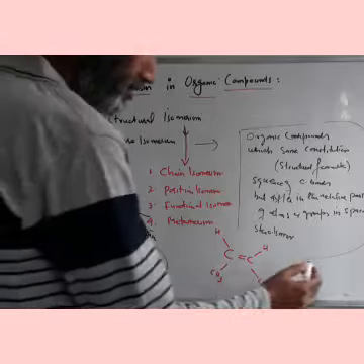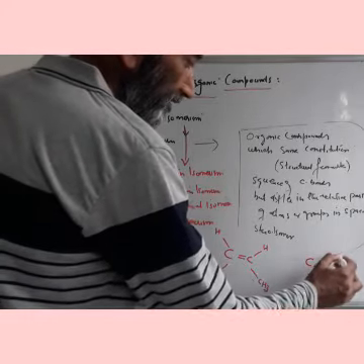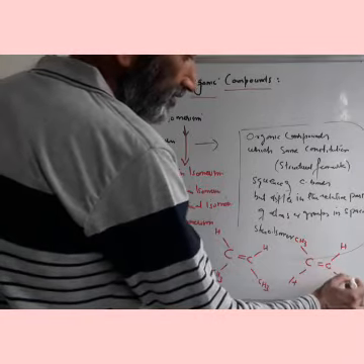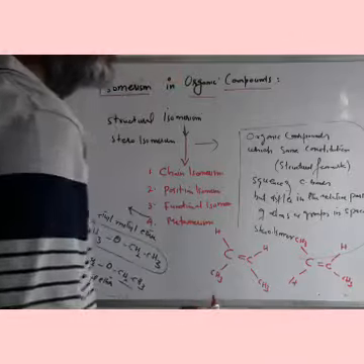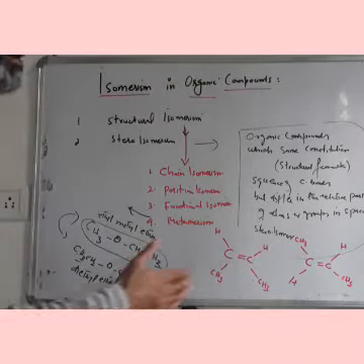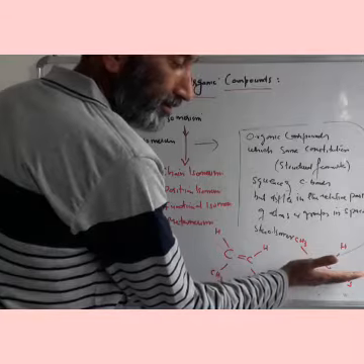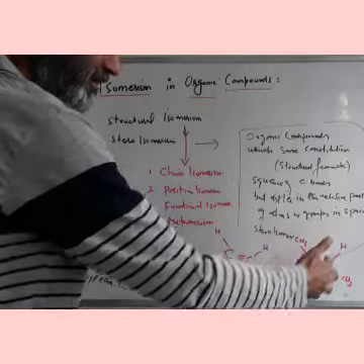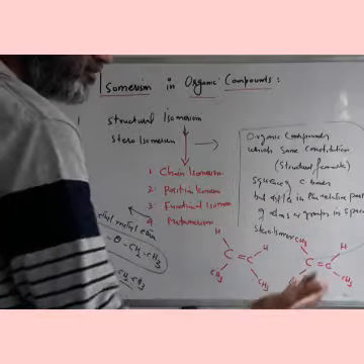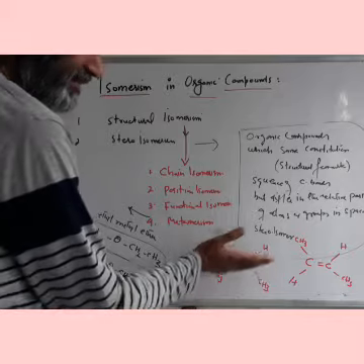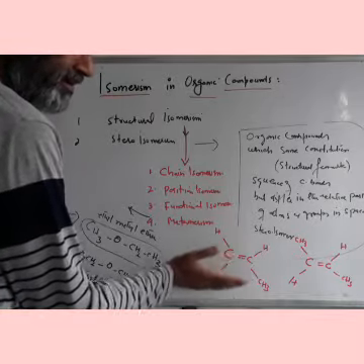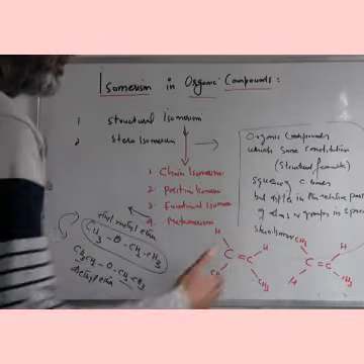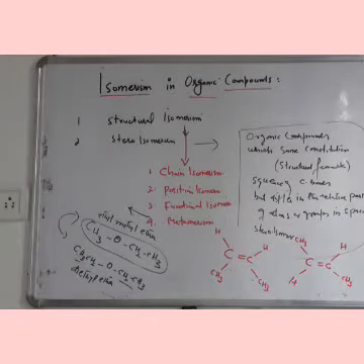If I take C double bond C, with H, CH3, CH3, here the same groups are on the opposite sides of the carbon-carbon double bond. So these two are said to be stereoisomers, because they differ only in the relative positions of the atoms or groups in space. Here similar groups are on the same side of the carbon-carbon double bond, here similar groups are on different sides. So they are said to be stereoisomers, and the phenomenon is known as stereoisomerism.